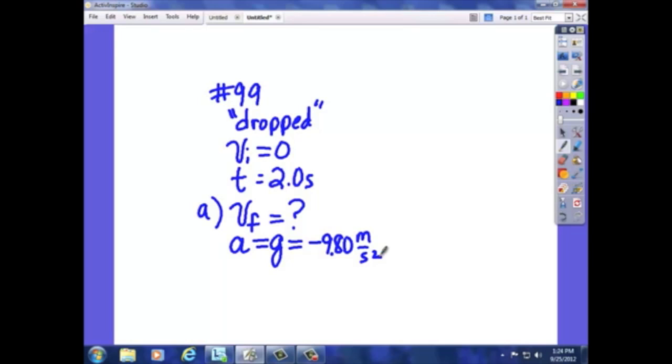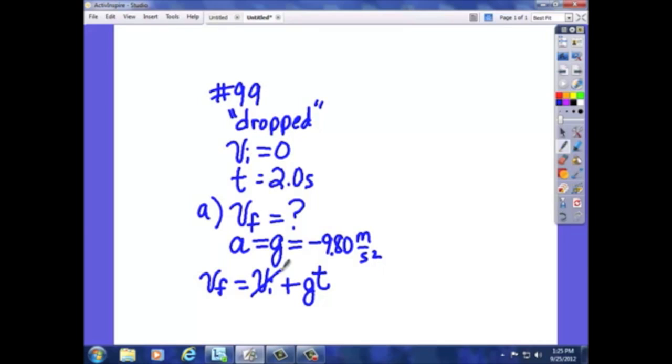So now, again, I have initial, final, time, and acceleration. And so what I can use is my first motion equation. V final, which I'm looking for, is equal to V initial plus the acceleration, which I'm going to call g here, times the time. And I can just very easily go into my calculator. I recognize that, again, it was dropped from rest, so that 0 initial velocity doesn't need to be put in. But I'm going to put in my acceleration due to gravity. Downward is negative 9.80 meters per second squared times the time, which is 2 seconds.